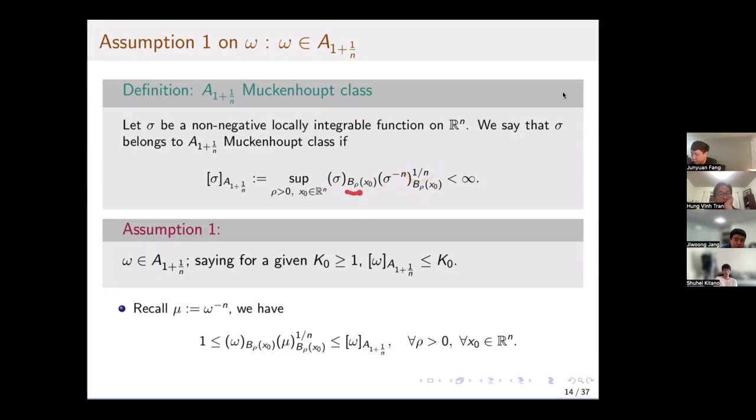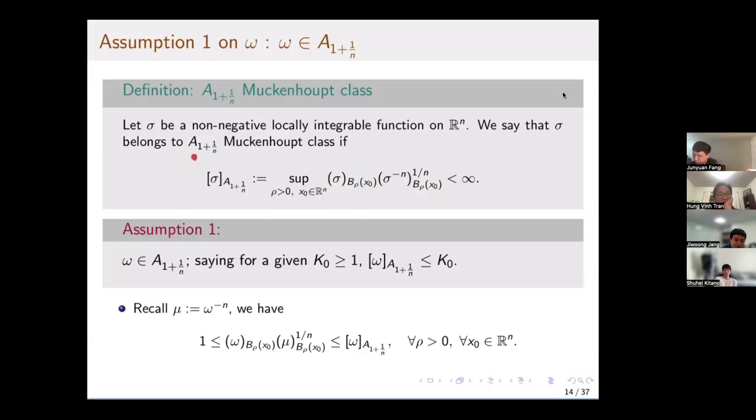We fix the ball, then take the averages, and take the supremum of this quantity. If the supremum over all balls is less than infinity, we say sigma belongs to the A_{1+1/n} Muckenhoupt class.